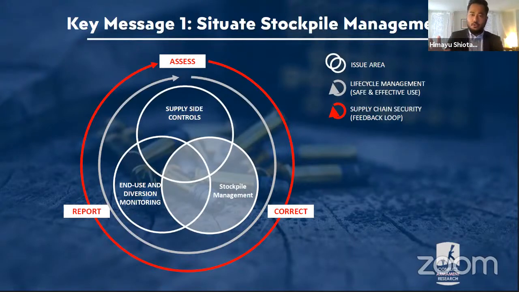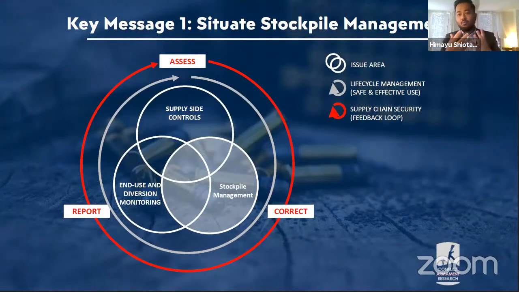This diagram that Conflict Armaments Research developed is really useful because it helps us understand that when we talk about stockpile management, we cannot do so without thinking about, first, supply chain controls. In other words, how do states that are exporting or providing supplies think about the security of those items beyond, let's say, the risk assessment that they do initially? But at the same time, as we said, this is a cooperative effort.